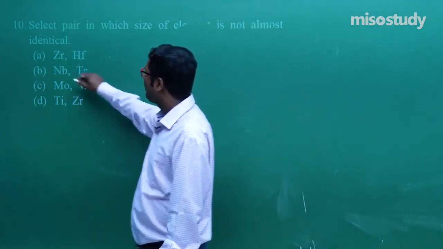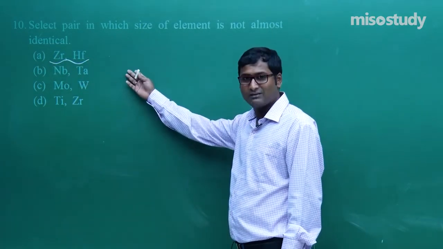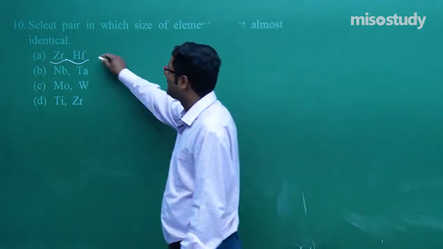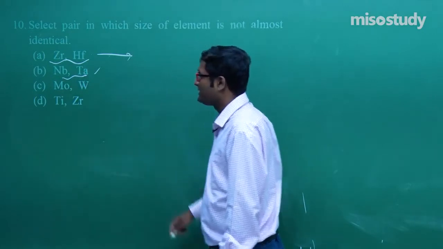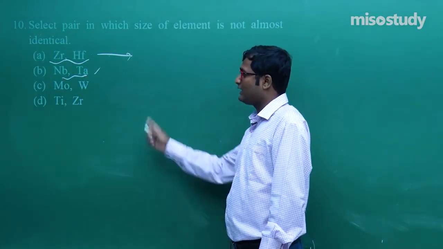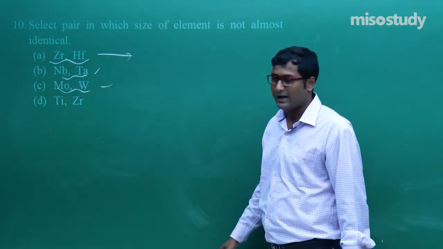As we know, if I talk about zirconium and hafnium, because of lanthanide contraction, they have equal size. Niobium and Ta also have equal size. In case of molybdenum and tungsten, they also have the same size.